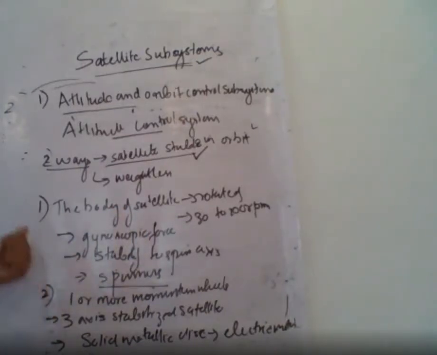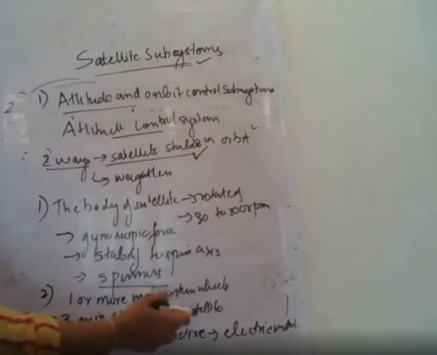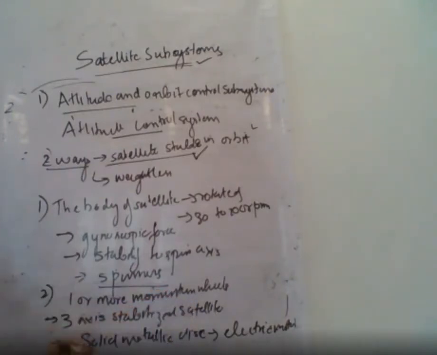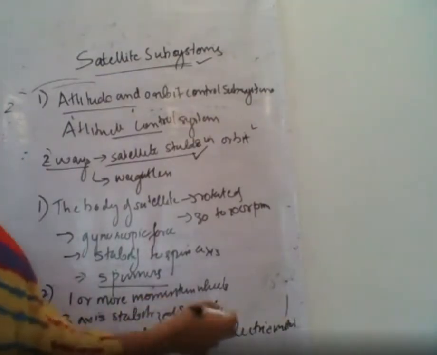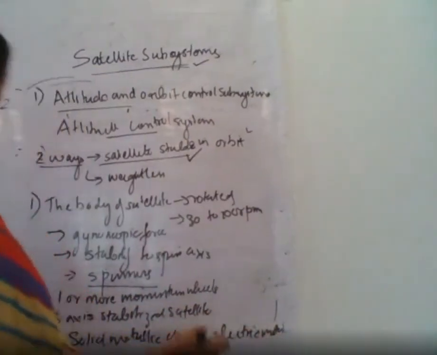The next way to achieve stability is by using one or more momentum wheels, and this is called a three-axis stabilized satellite. The momentum wheel is usually a solid metallic disc, and this solid metallic disc is driven by an electric motor.